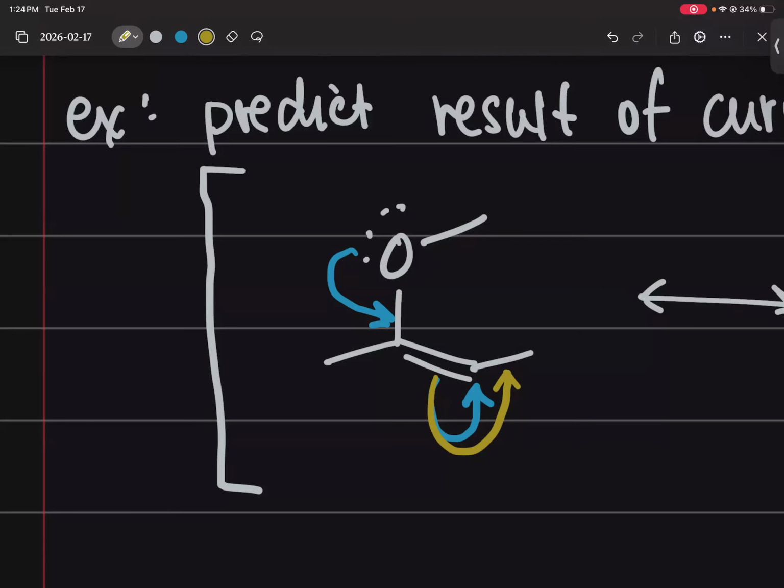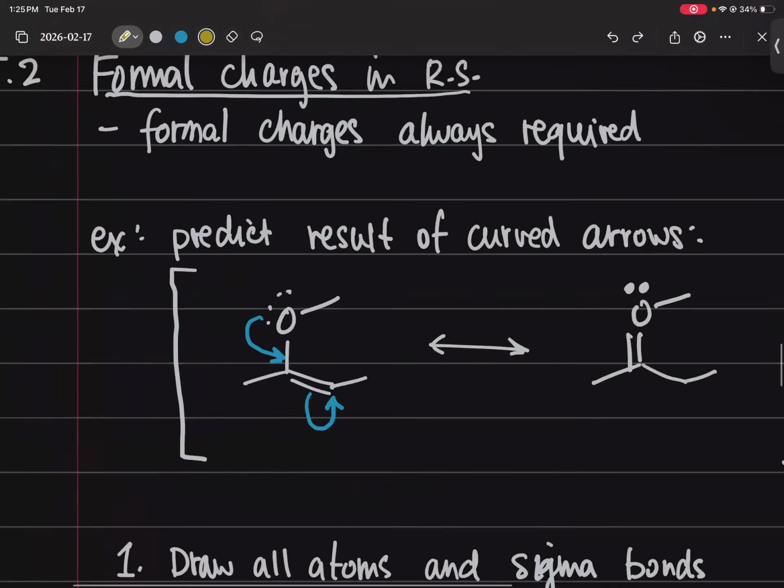What I should say is these two arrows are meaning different things. The blue arrow shows the electrons going to the carbon atom. The yellow arrow shows them moving to the other bond on the other side. Again, you've got to be careful. If you're halfway in between on an exam, I'm not going to know what you're talking about. So you have to be very precise here. Okay, so not that one.